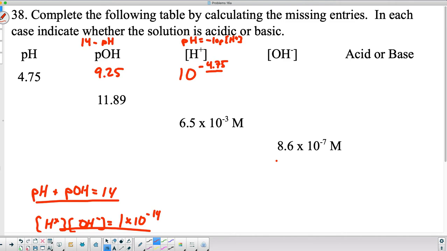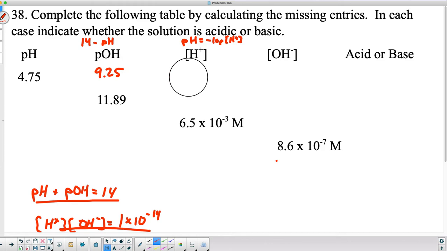On my calculator, I look for a 10^x. I type in 4.75 from my iPhone calculator, hit the plus minus, which means it's a minus 4.75, and then I hit the 10^x, and that gives me this concentration.